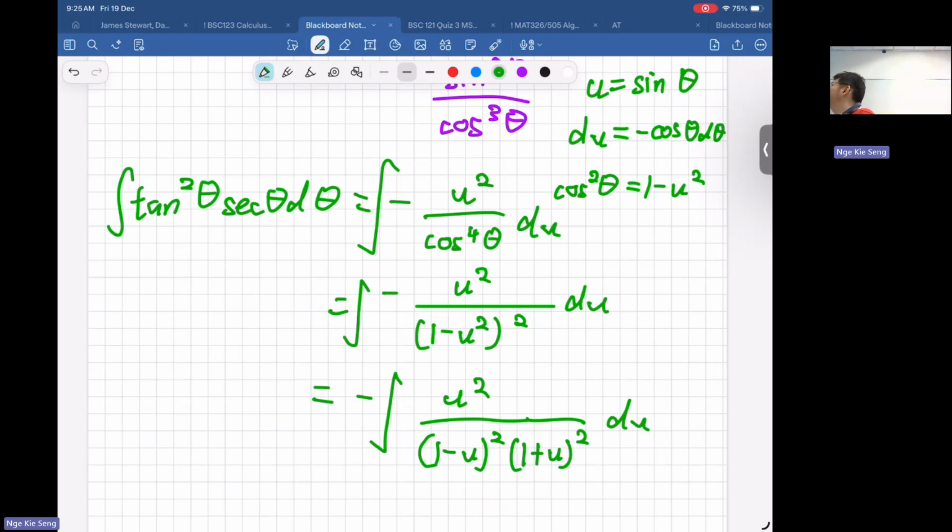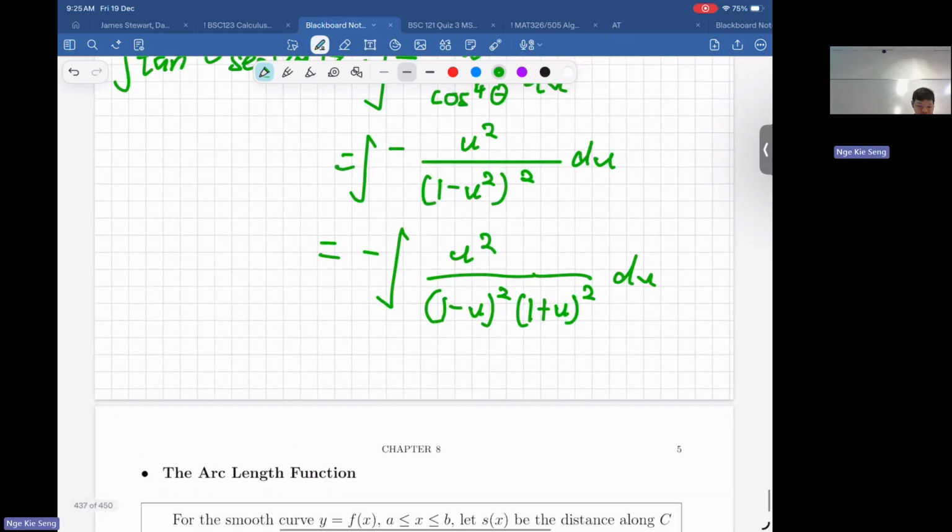That's true, because 1 minus u square is 1 plus u times 1 minus u, but you have it twice. Okay, but is this question so complicated? Should we continue?